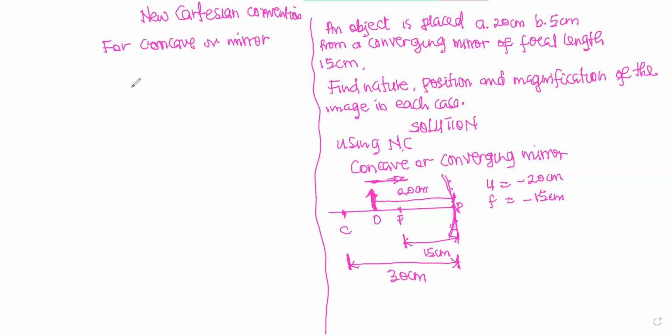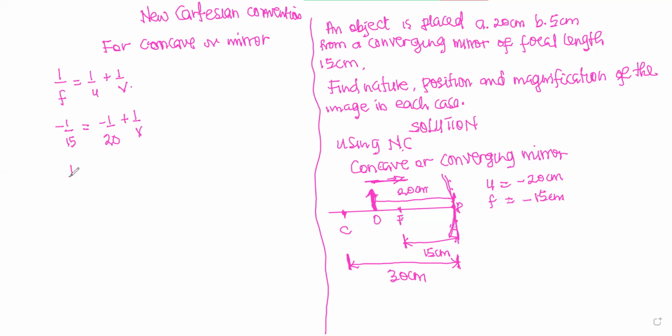So using the mirror formula, 1 over f is equal to 1 over u plus 1 over v. I can choose to make 1 over v the subject or substitute my values before. The choice is mine. So minus 1 over 15 is equal to minus 1 over 20 plus 1 over v.